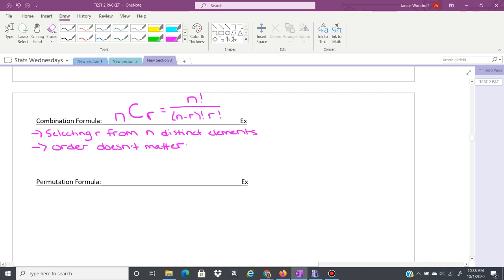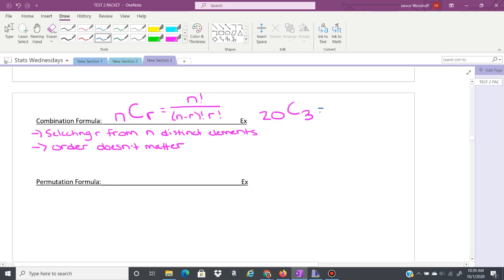So for example, let's say I want to form a committee of students, and I'm going to pick 3 students out of a total of 20. So that would be 20C3. Plugging that into the formula, you can do this 2 ways: you can do it with the formula, and then you can do it in your calculator.